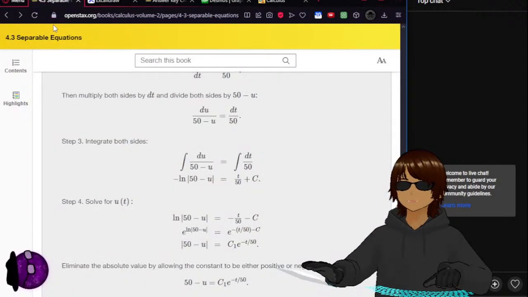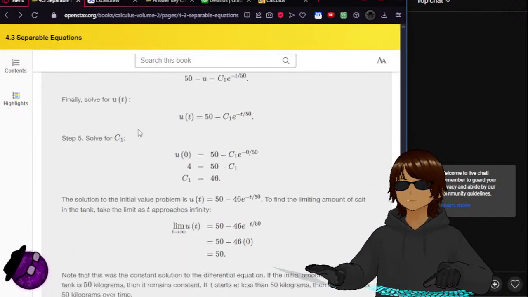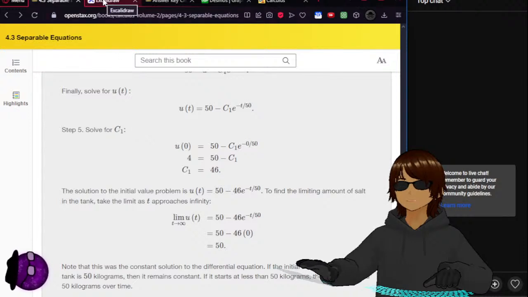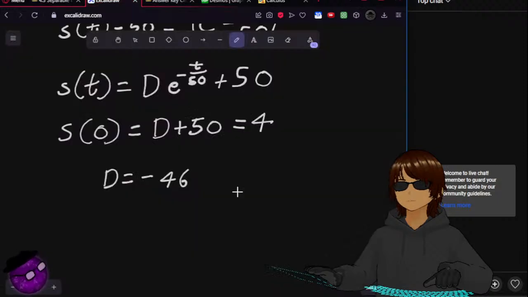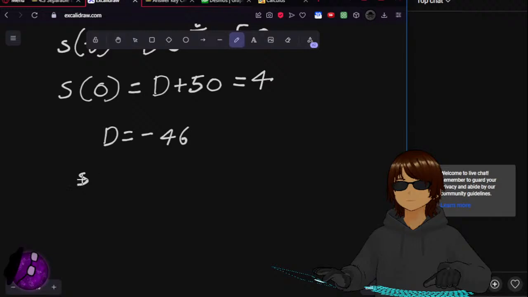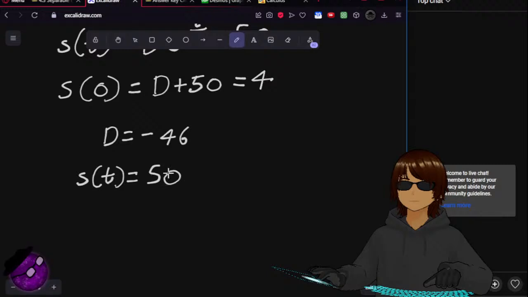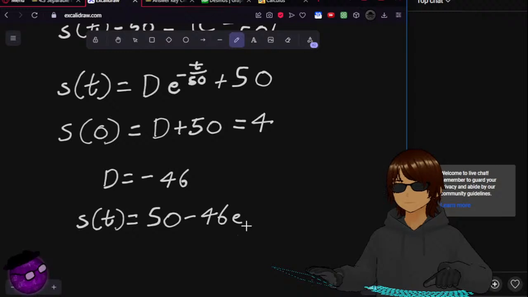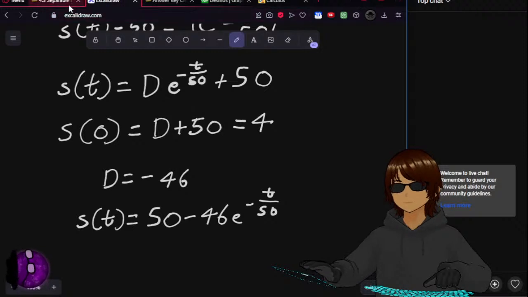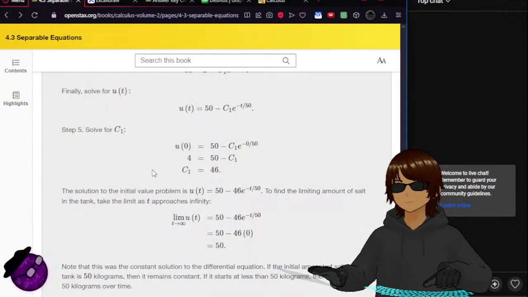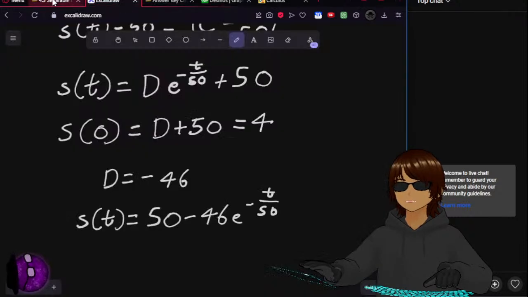D is equal to minus 46. So I got the equation.